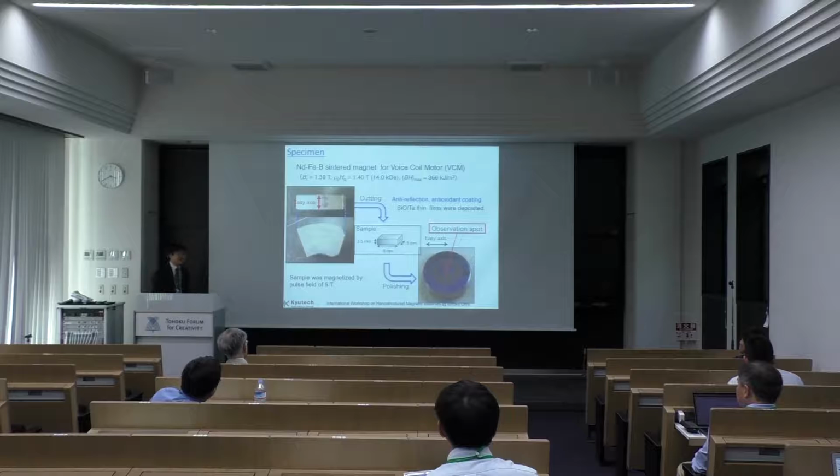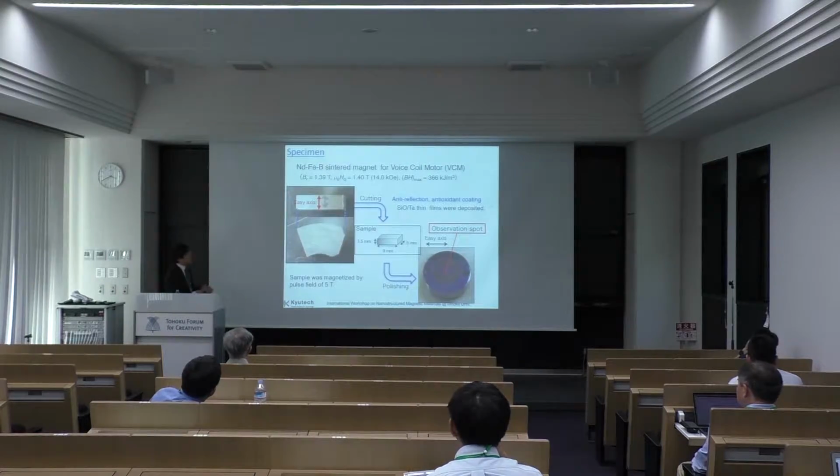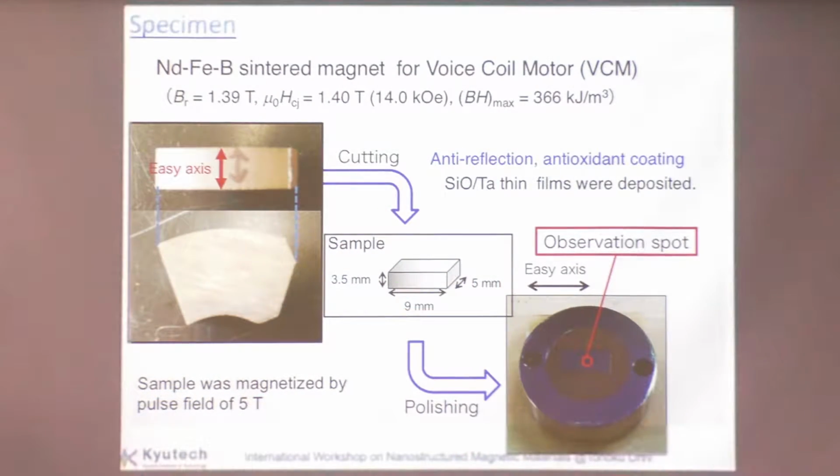I'll show you the sample for the domain observation. This is a neodymium iron boron sintered magnet for the spindle motor of a hard disk drive. The sample was first cut to this shape and size, and we polished the observation surface to observe the magnetic domain.